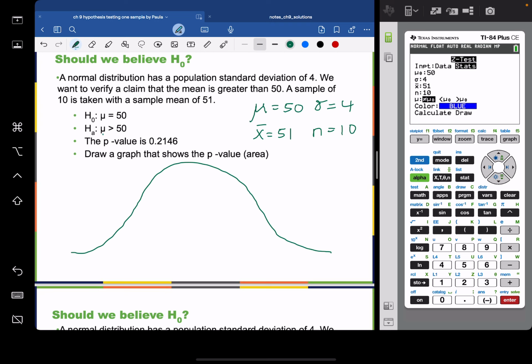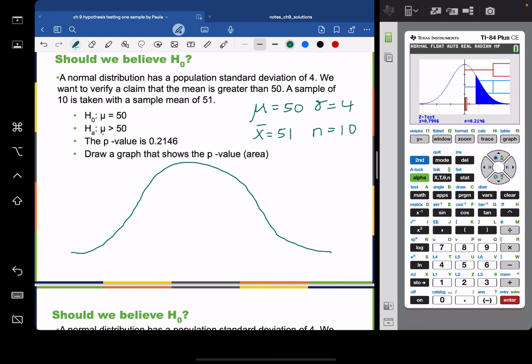That's not a very big sample size, but because the data is from a normal distribution, I might be able to get away with that. And then my direction is what I need to pick next. So I'm going to pick this direction, enter, because the alternate hypothesis is mu greater than mu 0. And I don't care about the color, blue seems great. And then I'd like it to draw a picture for me.